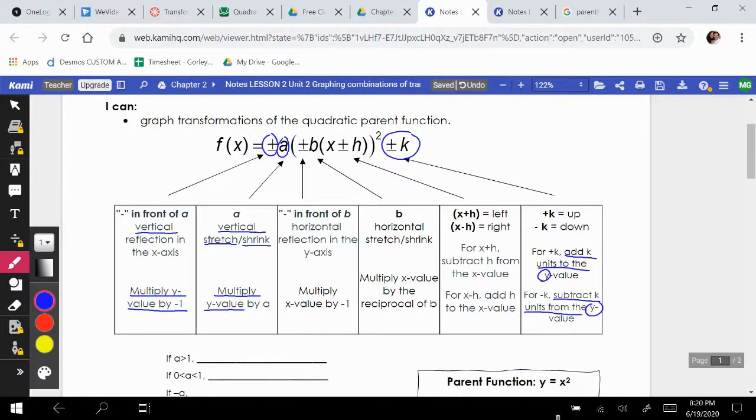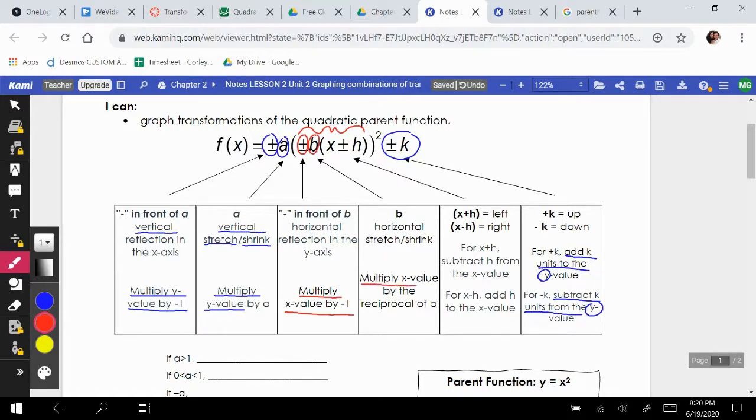Okay, then we move inside parentheses. This is all horizontal movement, so remember the horizontal axis is your x-axis, so this should all be changing the x value. The negative sign is going to be a horizontal reflection, and we're going to be multiplying the x values by -1. The b value that's inside of here indicates a horizontal stretch or shrink.